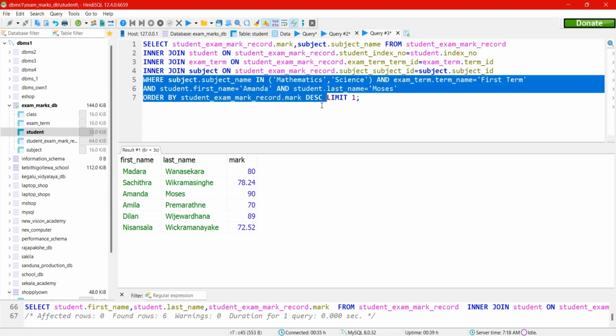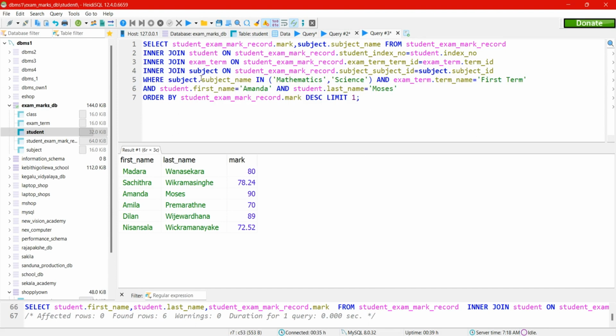And when you come to the condition set, first of all we have given here that the subject name should be mathematics or science. You can see here we have used the keyword called in. We can use this keyword instead of an equal mark.